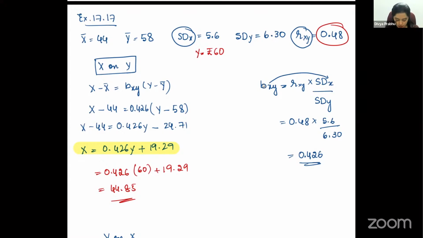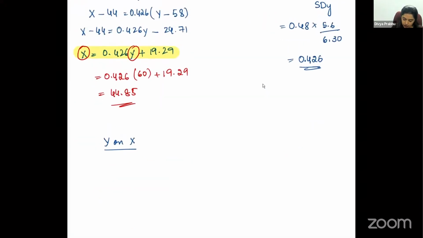Everyone understood this? Any doubts? Please let me know in the chat box. So this is how we calculate the price of X when Y is given. Understood? This is X on Y.